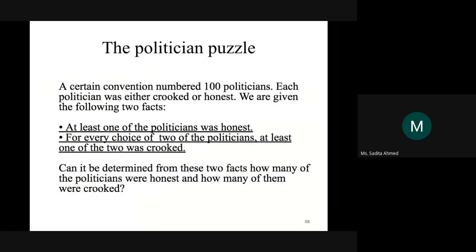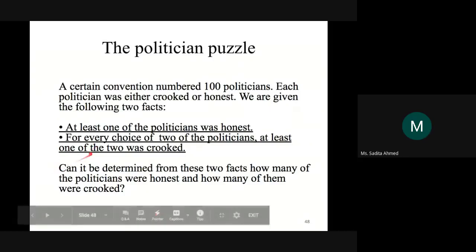If there were more than one honest politician, is it not possible that you pick with your eyes closed, and even without closing your eyes, if you iterate over every possible combination one by one, would it not be possible to get a pair where both are honest? Yes, ma'am. Yes, it would be possible.